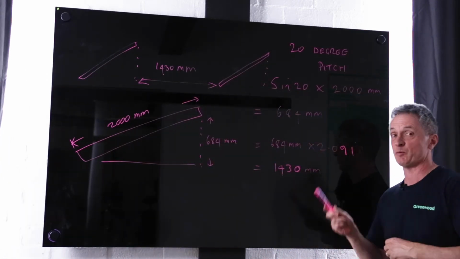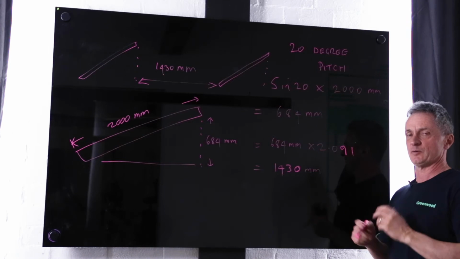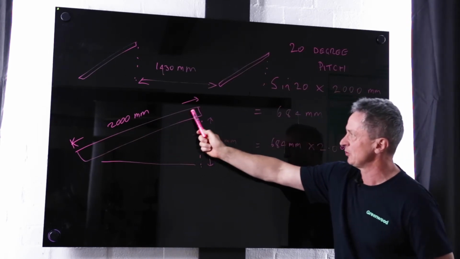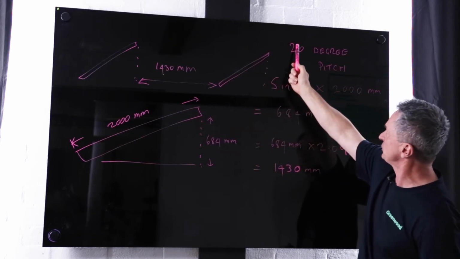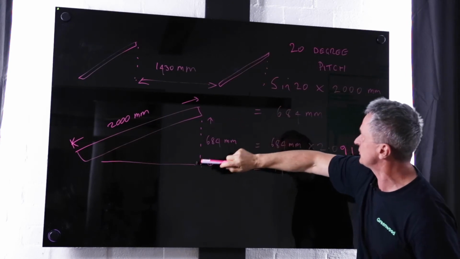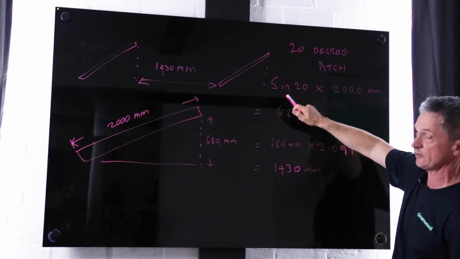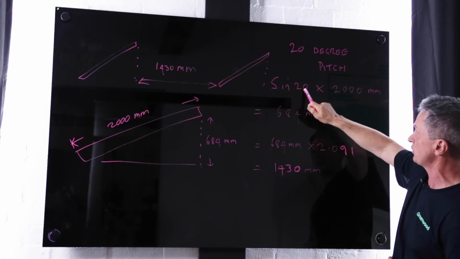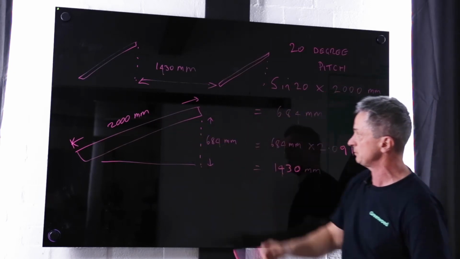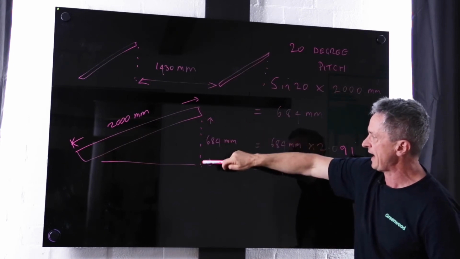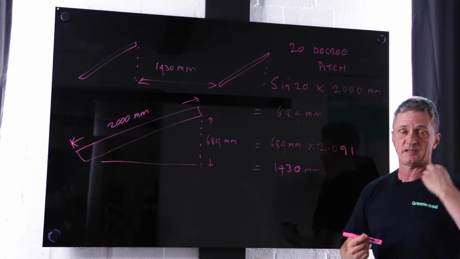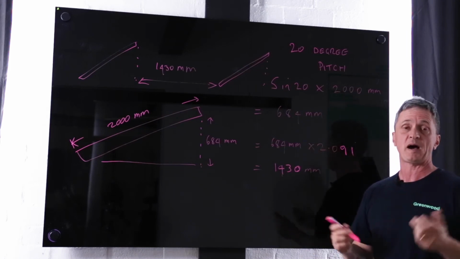Sorry for the delay, but we're here over at the board just to clear up a few things. We're talking about a panel that's 2,000 mil long. It's at a 20 degree pitch. This height above the roof is determined by the calculation, sine at 20 degrees times the length of the panel, which is 2,000 mil. That figure stays the same regardless of whether we're in Hobart, Darwin, Brisbane, or any part of the Northern Hemisphere.